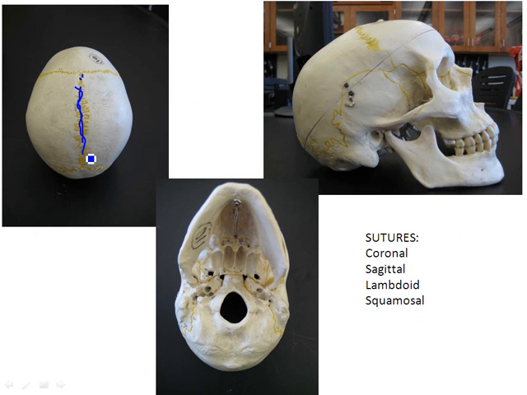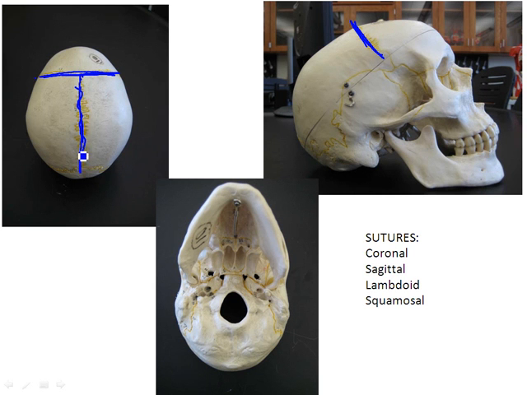And we have 4 major sutures. There's a bunch of different sutures, but you're only responsible for knowing the 4 major ones. You have the coronal suture. And the coronal suture, think about the frontal or coronal plane, is this suture here and here. So basically it's right across the top of your head, going across this way. You have the sagittal suture, and what did we say sagittal was? Sagittal is when you divide someone left and right.